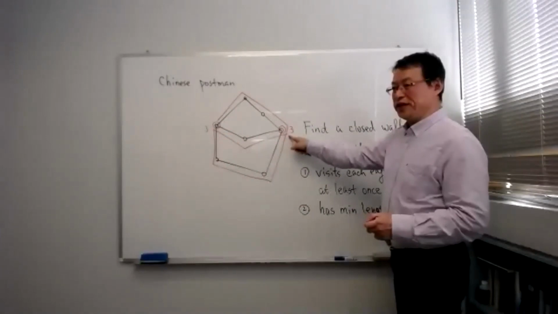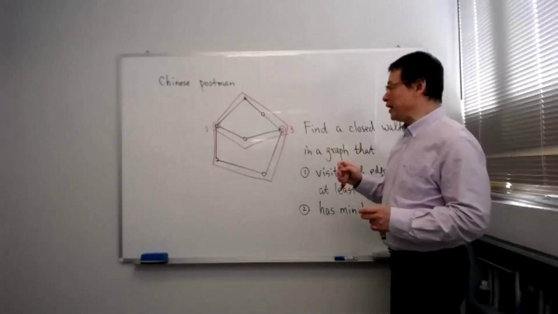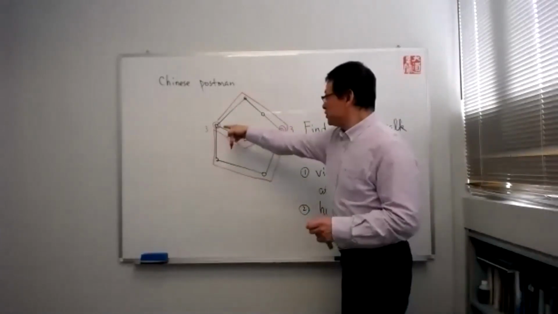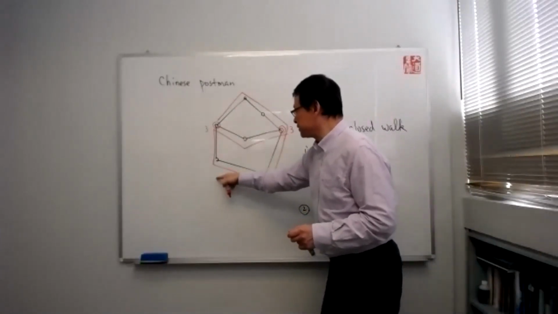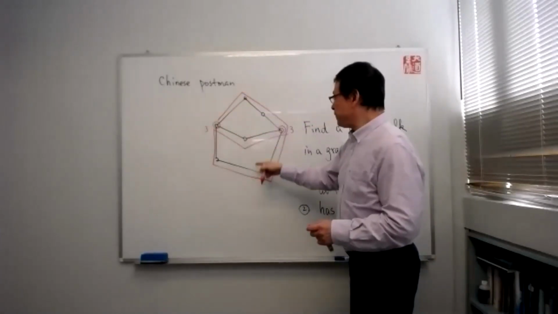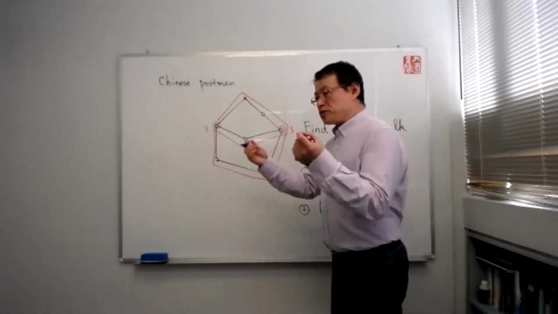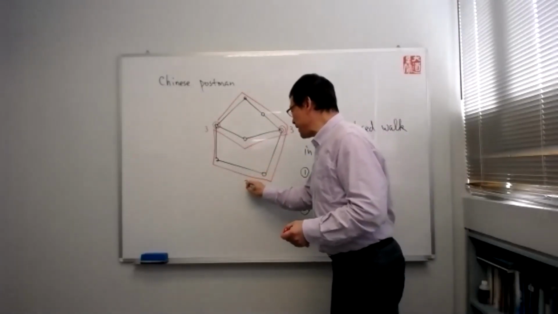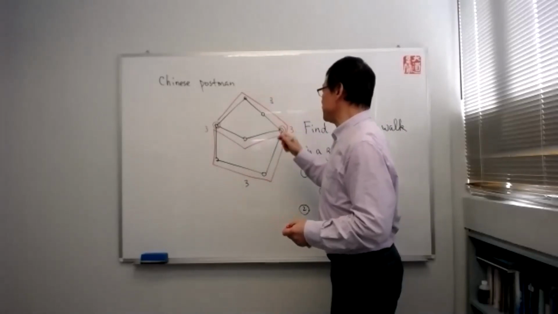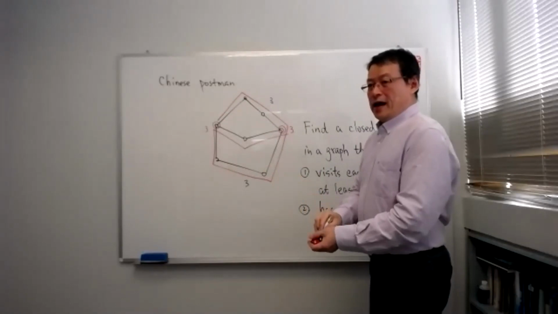So here I have a choice. In this particular case, there are exactly three ways. I can return to this point through this path or through this path. Each of those gives three extra edges.